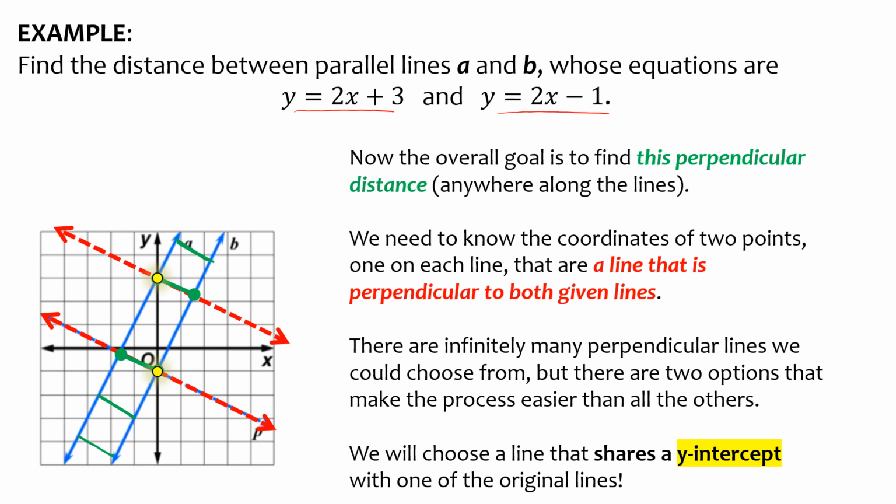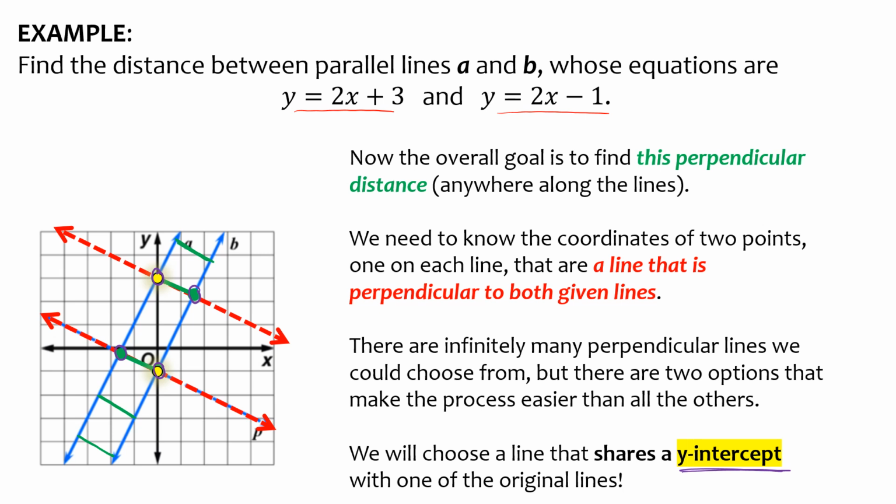Well, in general, we're going to need to know the coordinates of these two different points on A and on B. And if I reuse one of these spots, reuse a y-intercept, then that basically cuts the amount of work I have to do in half because I don't have to figure out the coordinates of that intersection point. I already have it. It just is the y-intercept and is given from my original equation.